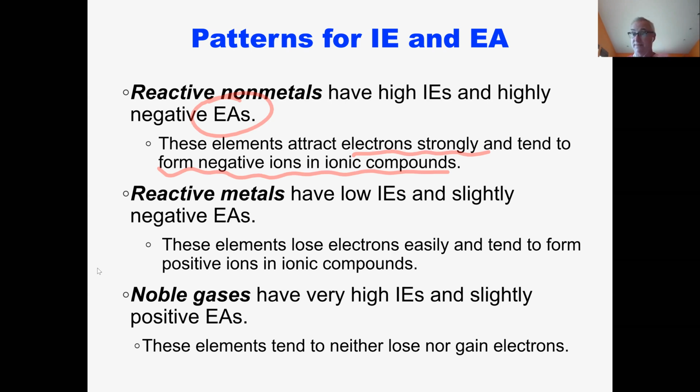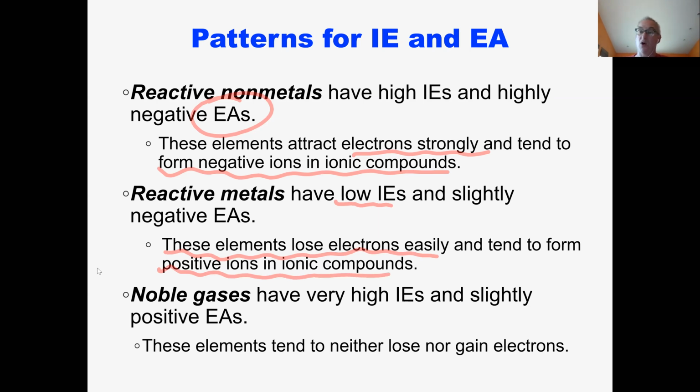Reactive metals, like the super reactive metals, are the first two groups, right? The alkali metals and the alkaline earth metals. They're very reactive. They have low ionization energies. Doesn't mean that they're zero or that they're negative, but they're much, much lower than reactive nonmetals are. They tend to lose electrons more easily, and they tend to form positive ions in ionic compounds.